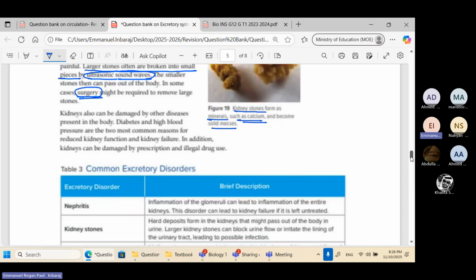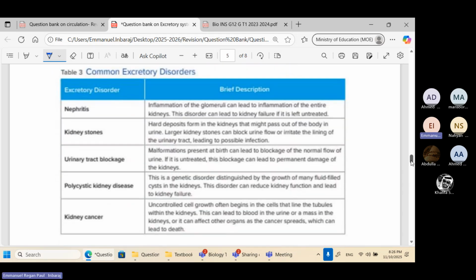Next, let's go to the table. There are five excretory diseases: number one, two, three, four, and five. What is number one? Nephritis. Nephritis means inflammation of the glomeruli.